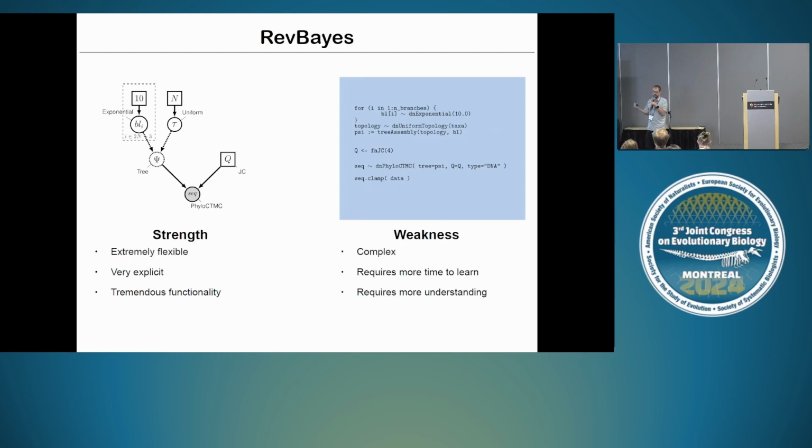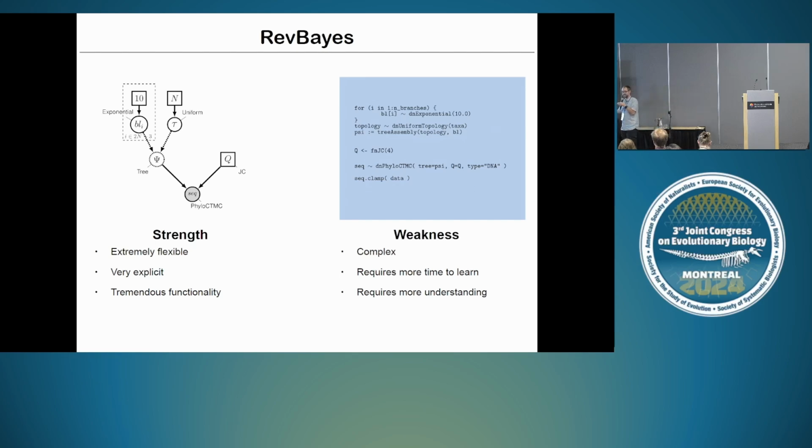The strengths of RevBayes are that it's extremely flexible because of this probabilistic graphical model framework. You can exchange small parts, replace them, and extend it. That makes it very flexible and extremely powerful. It's also very explicit, so you can see in each part of the model what the parameters are, what the prior distributions are, and what the connections are, so that is really pedagogical as well.